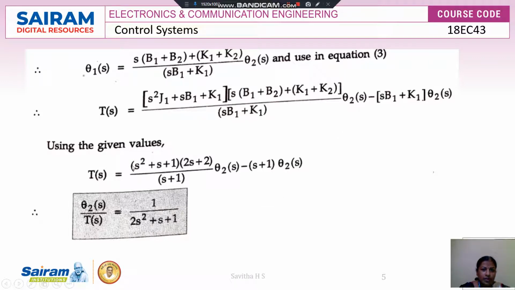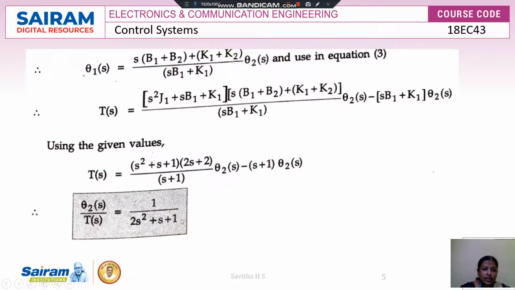After multiplication and simplification, we get T(s) = (s square plus s plus 1)(2s plus 2) divided by (s plus 1) into theta 2 of s, minus (s plus 1) theta 2 of s. Initially they gave the values for J, B and K; we substitute all the values and simplify, and we get the equation like this.